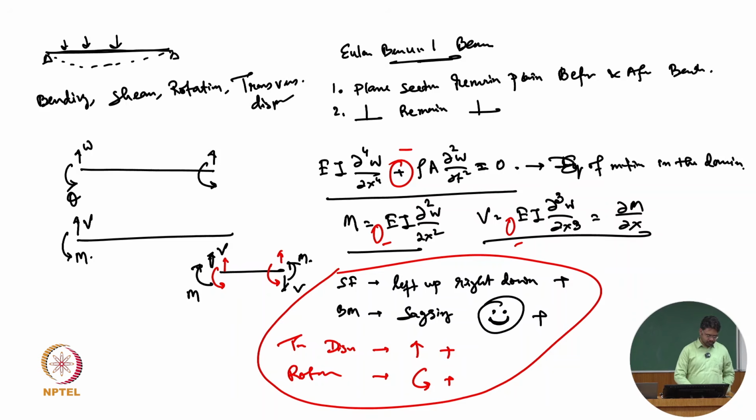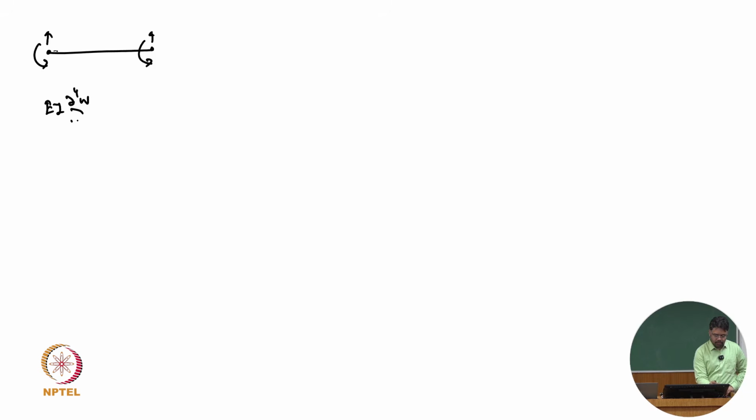Done? Quite clear. Okay, so now this is my equation of motion: EI del 4W del x4 plus rho A del 2W del t2 equal to 0. That's my domain equation. Very good.